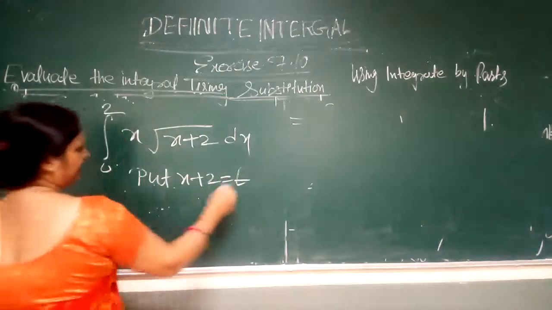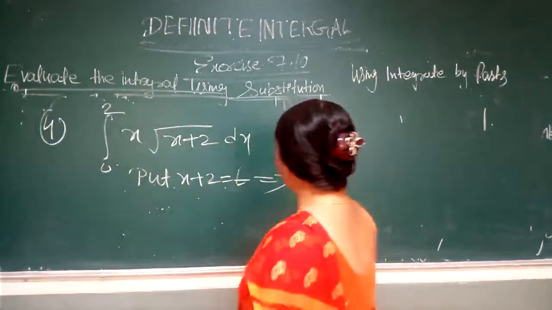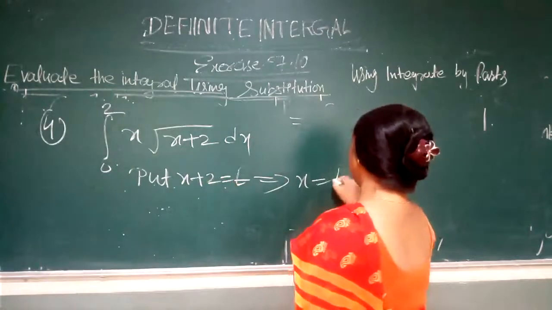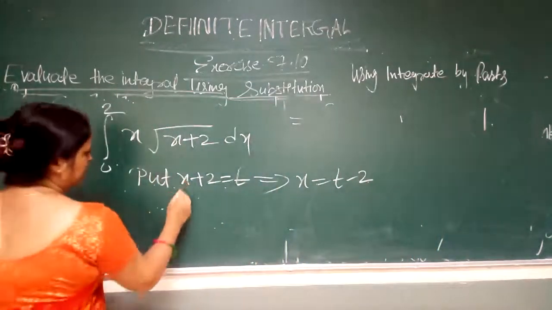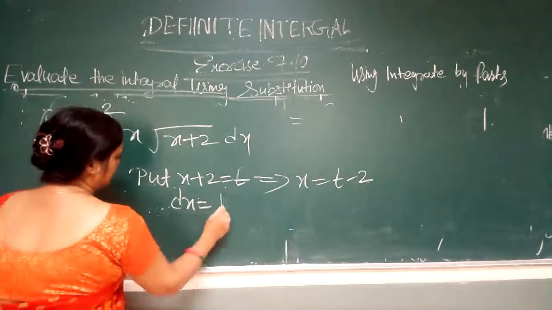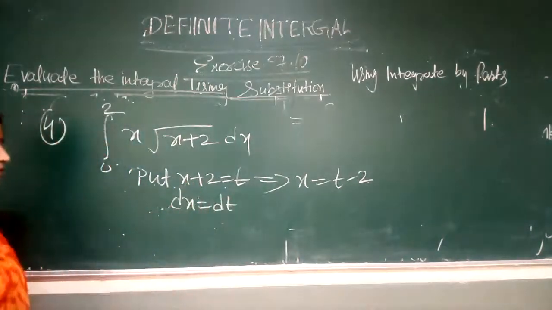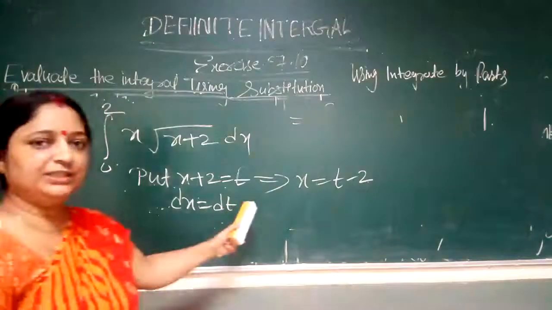So here we can find the value of x. The value of x is t minus 2. After that, what will come here? It will come dx is equal to dt. Derivative of x is 1. So 1 is equal to dt by dx.